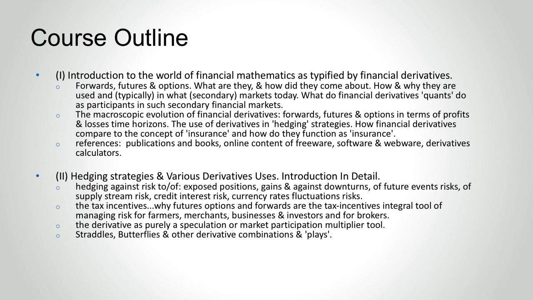And then we'll also start talking about hedging strategies and how the derivatives are used in hedges. Hedges are what the word means. You hedge against a possible downturn or a catastrophe, things like that, but as related to financial markets.